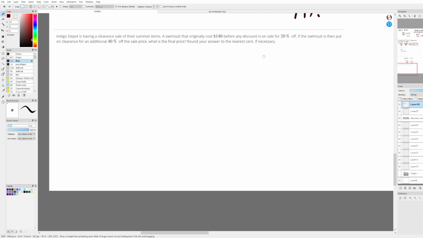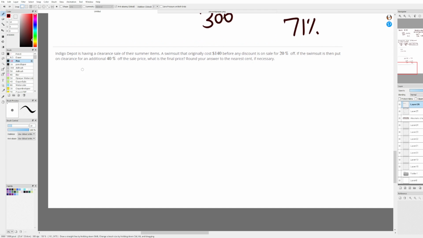This one is a similar vein of problem, where it's asking us, to read it first, Indigo Depot is having a clearance sale of their summer items. A swimsuit that originally cost $140 before any discount, so the original cost is $140, is on sale for 20%. So we can minus 140 times 0.2.